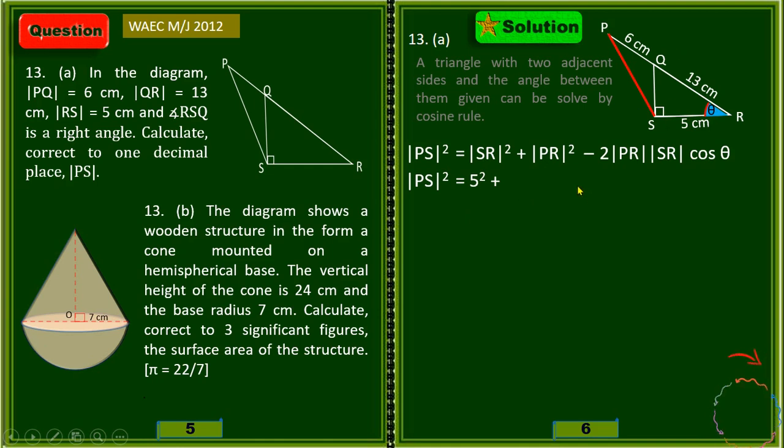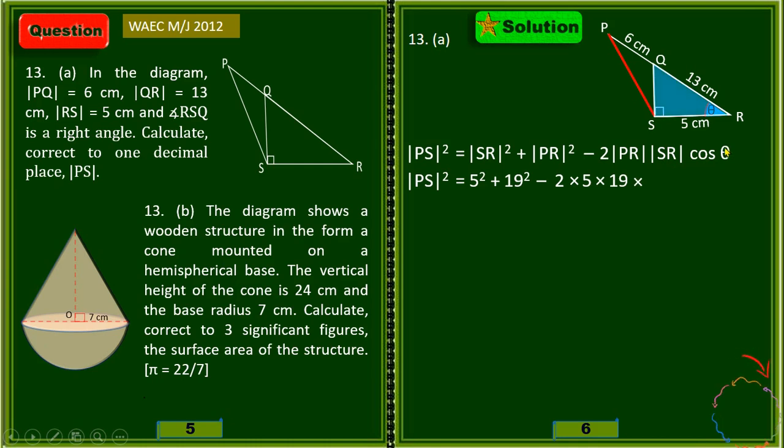the next one now is to find PR. PR is the summation of PQ and QR. So if you add them, that will give us 19. That's 19 squared. Then minus 2 multiplied by 5 multiplied by 19. That's PR and SR. So now, the cos of this angle, we're going to see how to find it.